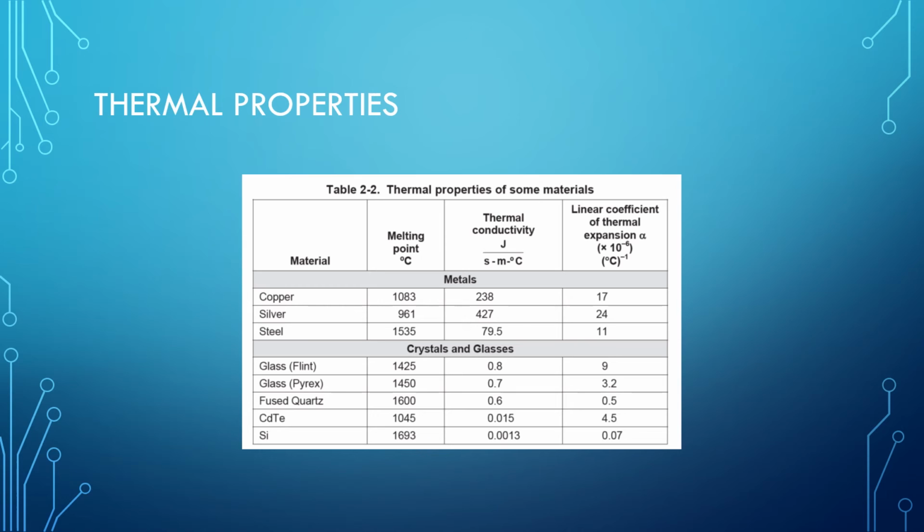So that is important to us. If we're working in a very high temperature environment, we may have to make sure that we're nowhere near that melting point because we do not want our mount or our crystal or lens to melt. So these are things we should be looking at.